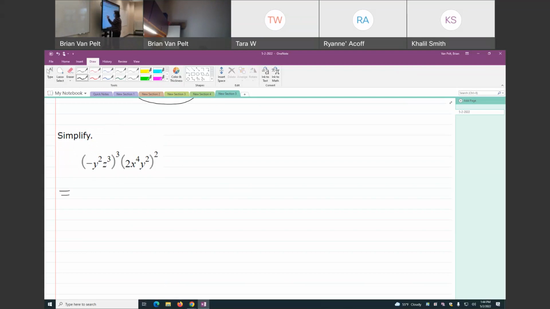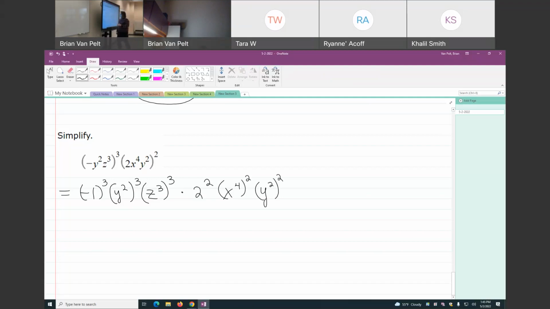So that -1 gets raised to the third power as well. Remind us that we are multiplying. Everything in the second parentheses gets raised to the second power. And so -1 to the third is just -1.